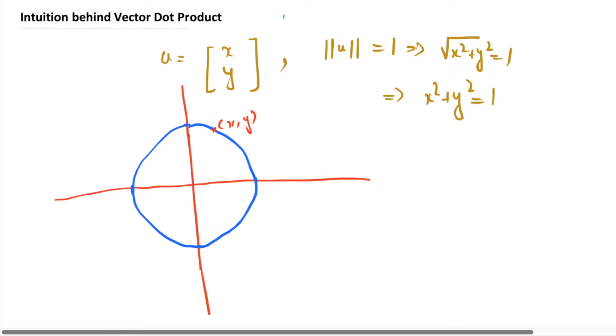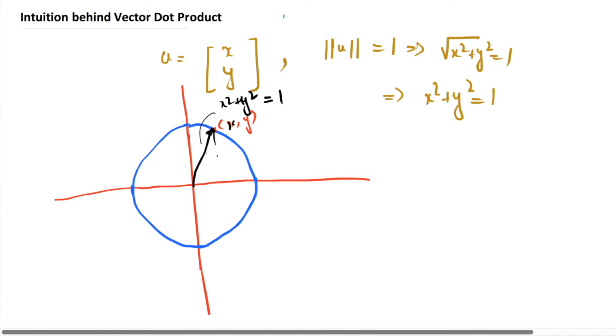And if I connect this point with the origin, using Pythagoras theorem, you can see that the length of this vector has to be equal to x square plus y square. And we know that the length of this vector is equal to the radius of the unit circle, which is equal to 1.